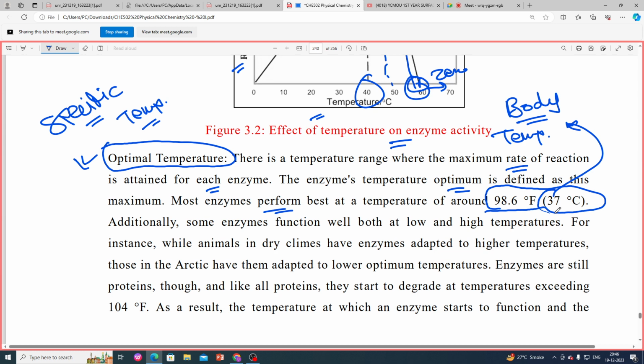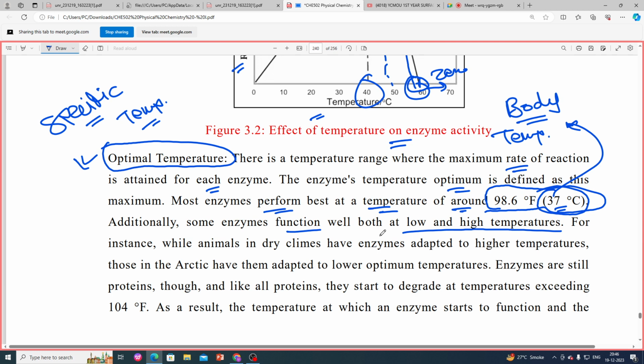That means the ideal body temperature. At that temperature the enzymes react very fast, or we can say the rate of reaction is faster than at other temperatures. Additionally, some enzymes function well at both low and high temperatures.